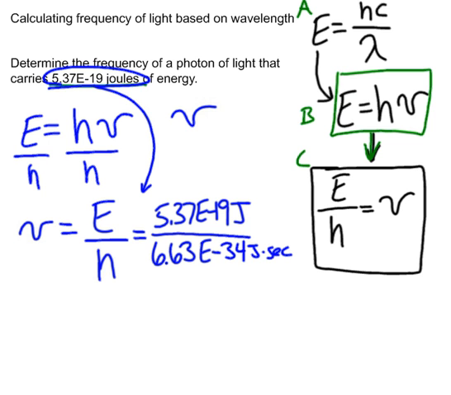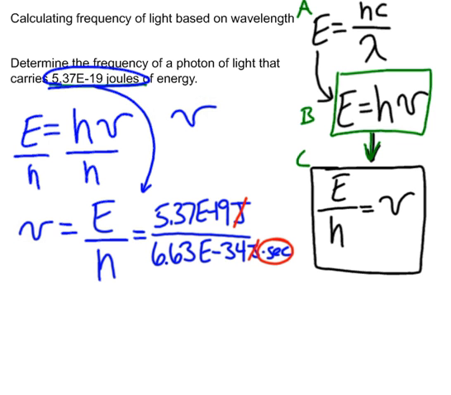Now, if you're wondering where I got that 6.63 times 10 to the negative 34, that is a constant. That is Planck's constant, so it's in your notes. But here I have E over H. My joules in this case are going to cancel out, and I'm left with seconds, but the seconds are on bottom, so my unit is going to be something per second.